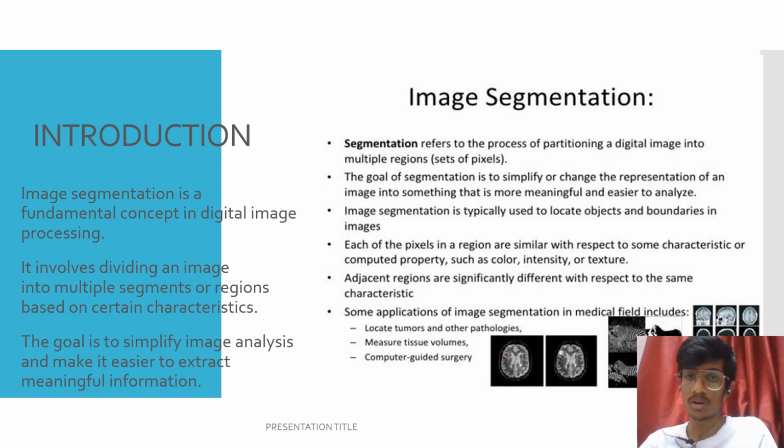So if the object in the image has some properties like more intensity or some color differentiation, based on that it will be detected. Coming next, adjacent regions are significantly different with respect to the same characteristics.